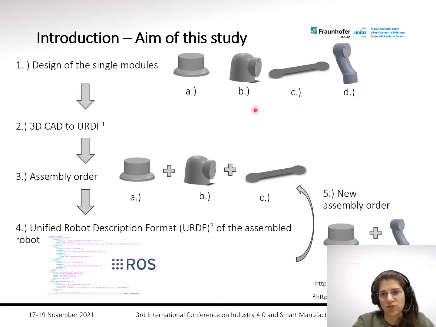Once we have established it, we simply obtain the new URDF of the assembled robot. So we avoid the first 2 steps, and we simply repeat the loop starting immediately from the 3rd step. In this way, you can imagine that the time and the programming skills that are required decrease a lot.